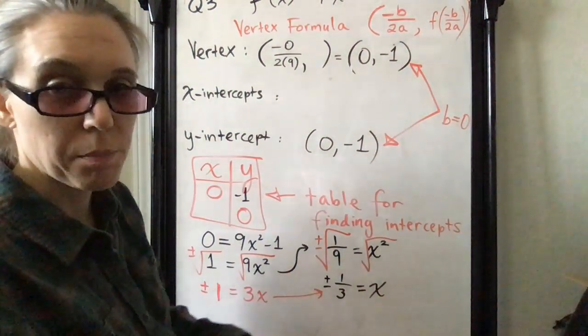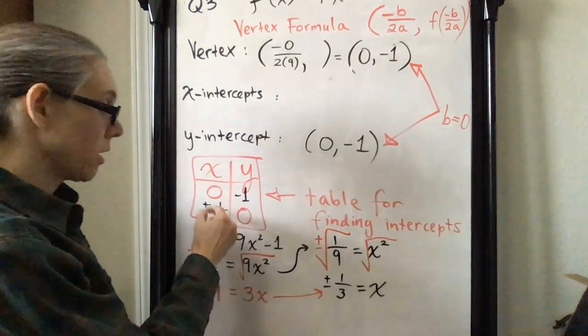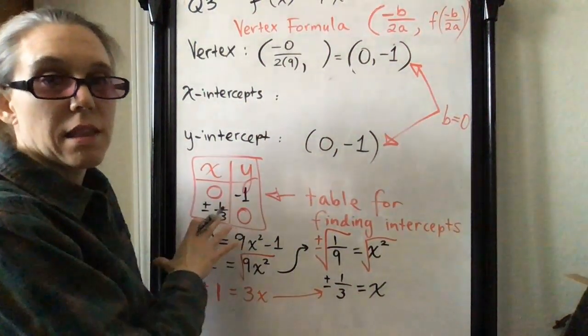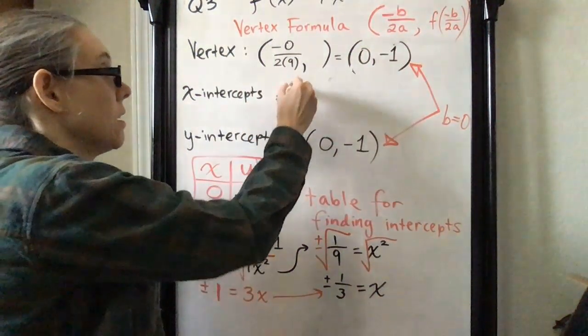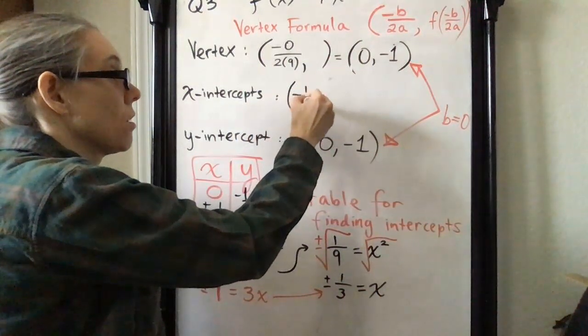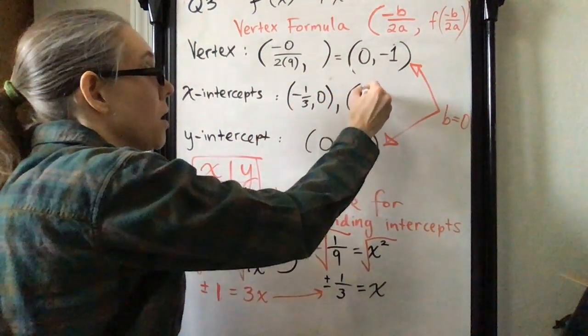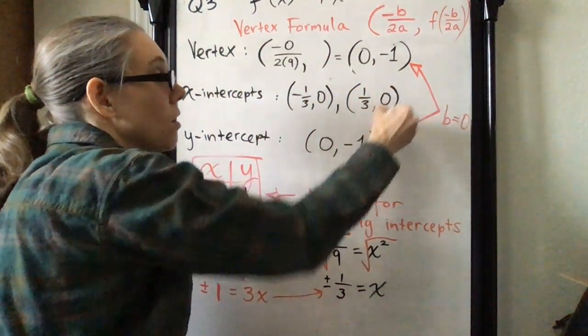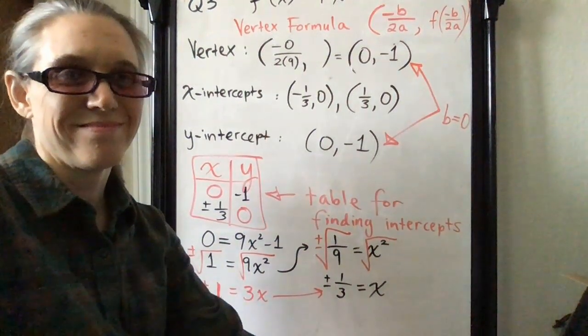Okay, so back up here, we're going to put the plus or minus 1/3 here. So what does that mean? That means I have two x-intercepts. One of the x-intercepts is at negative 1/3, 0, and the other one is at positive 1/3, 0. So there you go.